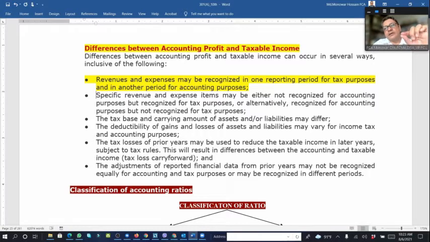Next year on the accounting side it will again be 10 taka, but the tax authority applies 10% on that 90 taka. So that year the tax depreciation would be 9 taka, but in accounting it is 10 taka. So here is some difference.